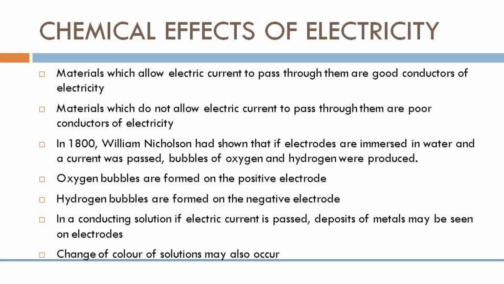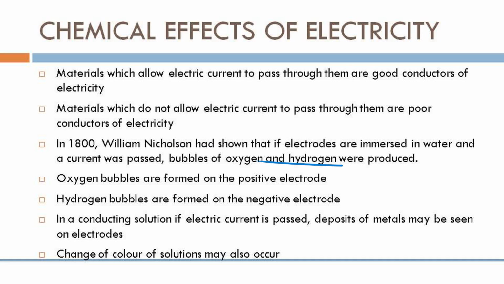Materials which allow electric current to pass through them are good conductors of electricity, whereas materials which do not allow electric current to pass through them are poor conductors of electricity. In 1800, William Nicholson had shown that if electrodes are immersed in water and current is passed, bubbles of oxygen and hydrogen are produced.